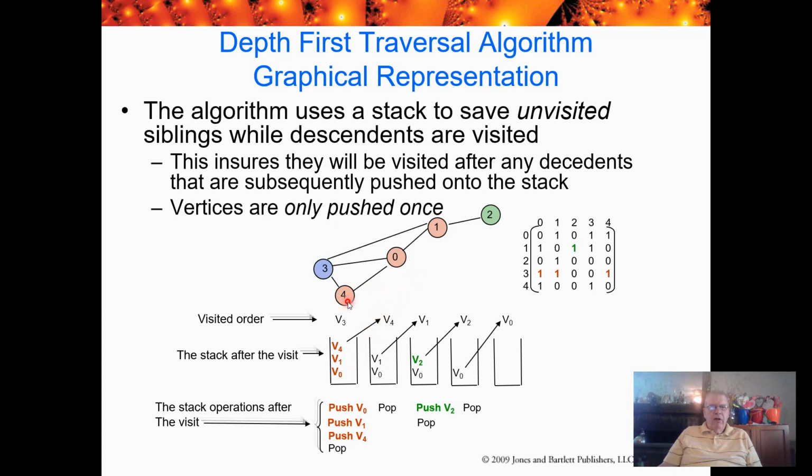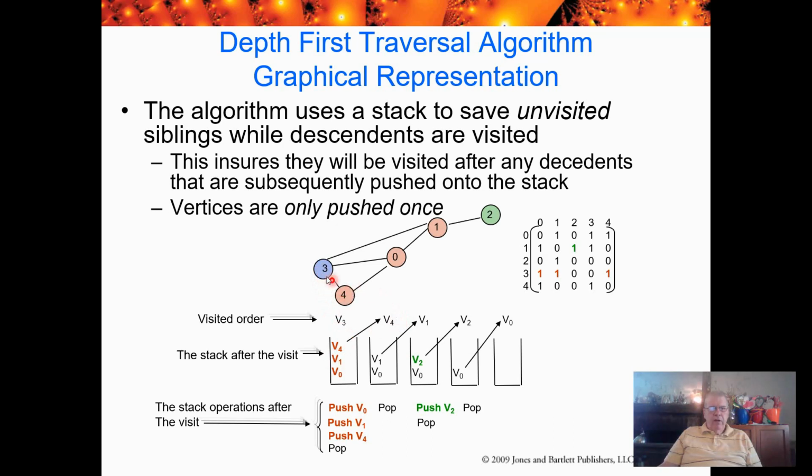Because you visit all the descendants first, you would visit 3 if you push V4. I'm sorry, you push V3 last. And so you pop V3 and you visit it. And then you pop V4.